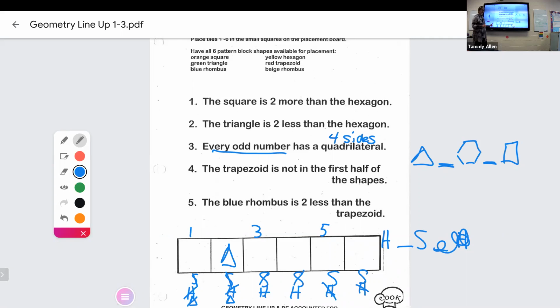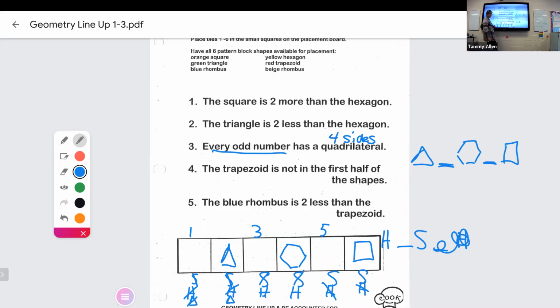If the triangle is there, what else do you know? Because then you skip one and then go to hexagon, and then you go right away to the square. So then you skip one and you go to the square. That means you skip one of the hexagon. You know the placement of those three now.